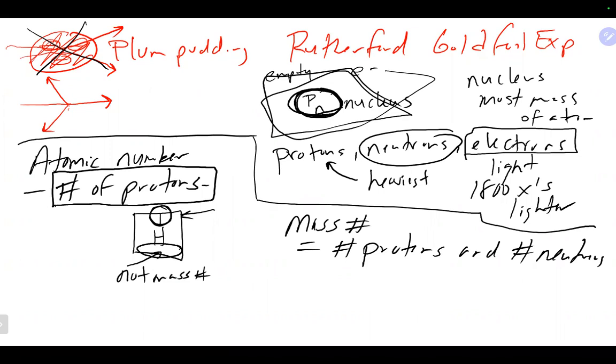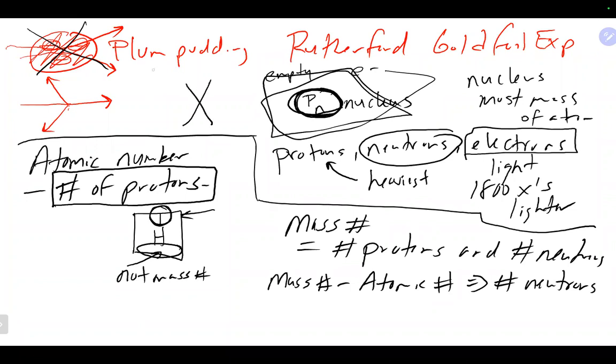And you can use the mass number minus the atomic number, and that will give you the number of neutrons. We typically write these things with the symbol, mass number up on top left, atomic number bottom left there. Any questions on any of that stuff there?